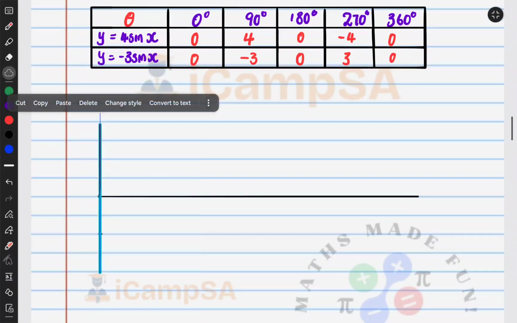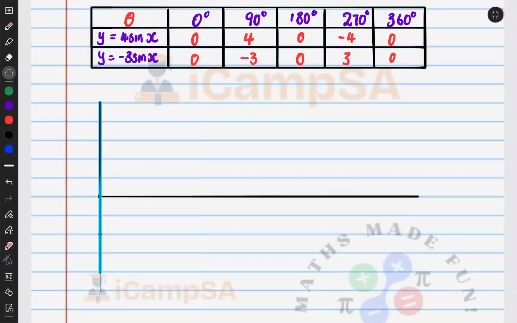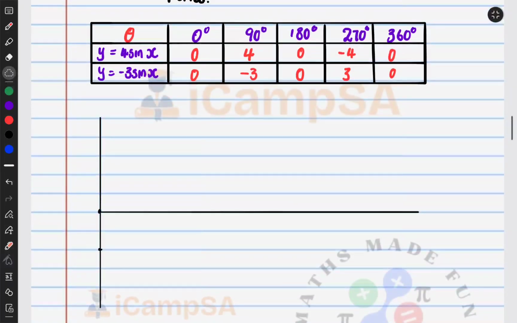Extend those. Okay, and then we're gonna have 1, 2, 3, 4, and negative 1, negative 2, negative 3, negative 4.